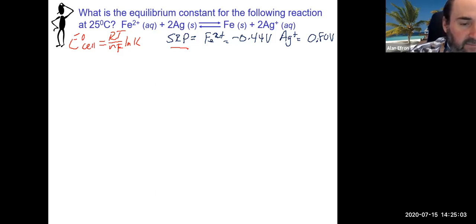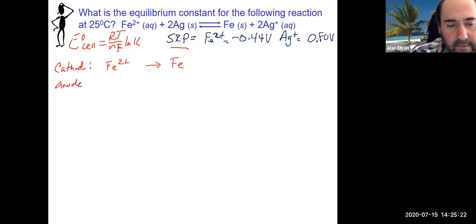First off, we should figure out, hopefully, that the cathode in this case is going to be the iron, while the anode will be the silver.